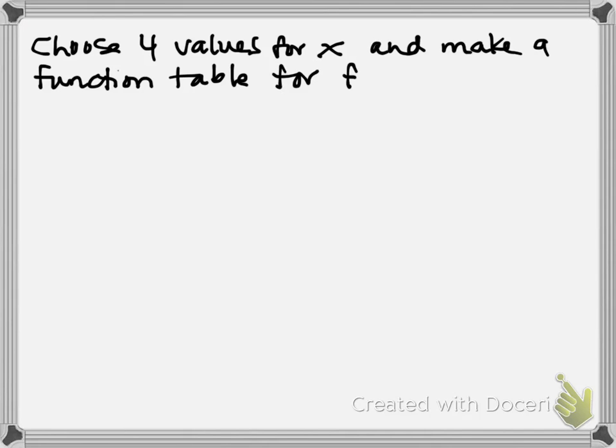And then they're going to give you a function. So ours we're going to work with is f of x equals x plus 5. And then you're going to state domain and range.